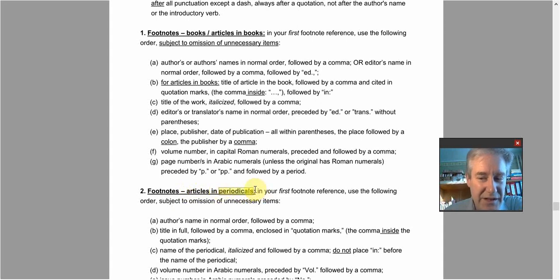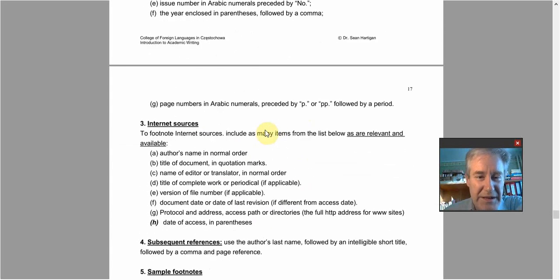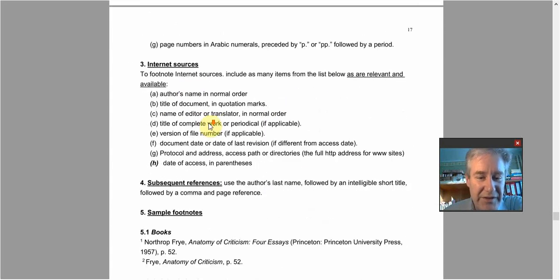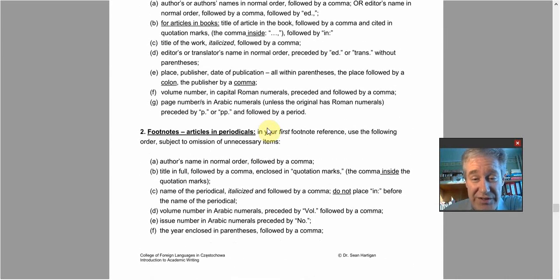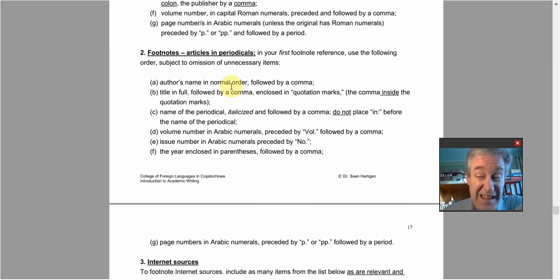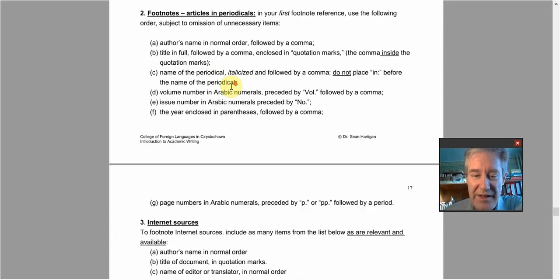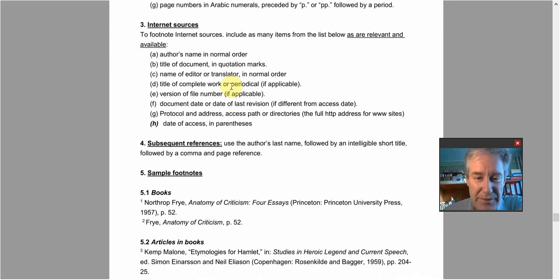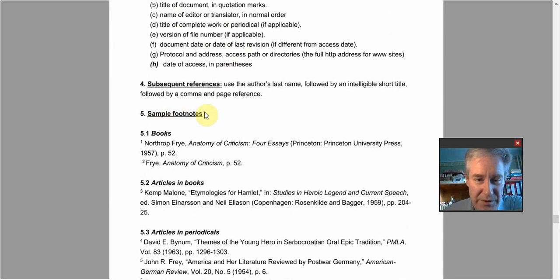Periodical means a magazine or a journal or something like that. It's going to be a little different for internet sources. Now, you can go through all these instructions, and sometimes you will need to refer to these instructions to make sure you're doing it properly. The easiest way to do footnotes, in my experience, is to look at examples and to try to make your footnotes look like the examples. So let's look at some examples, some sample footnotes.